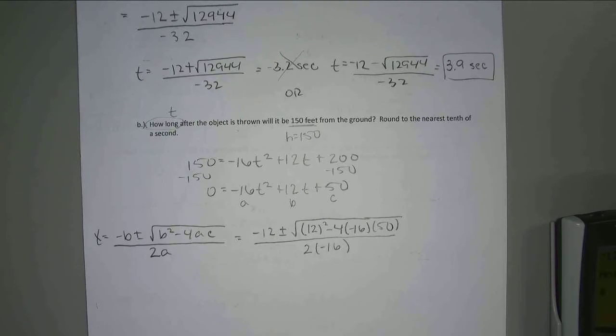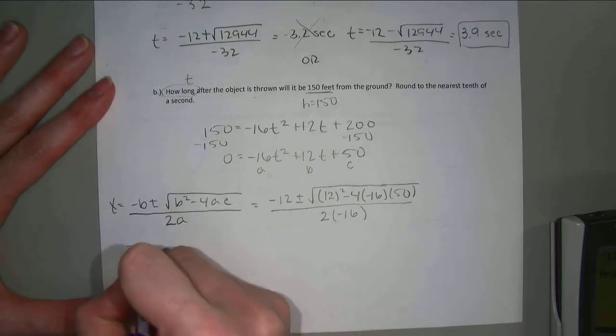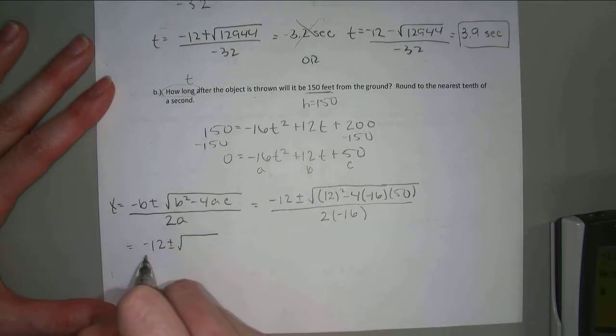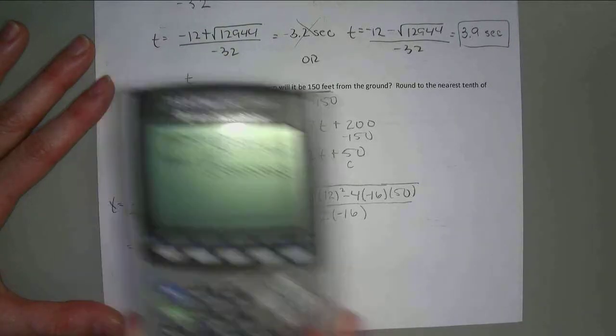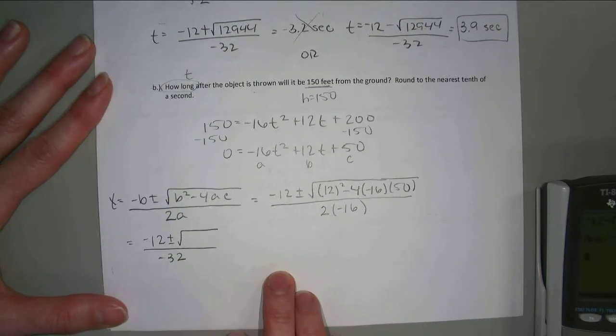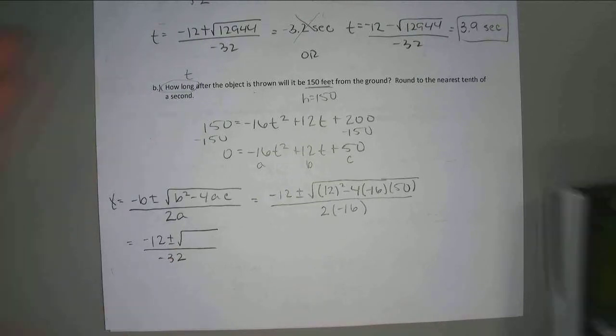Let negative 12 hang out, let the negative 32 hang out on the bottom, and do the inside. It should be a smaller number than whatever we got above, all right? So this will be equals negative 12 plus or minus something over negative 32. What do you guys get when you put that in your calculator? I got 1672.